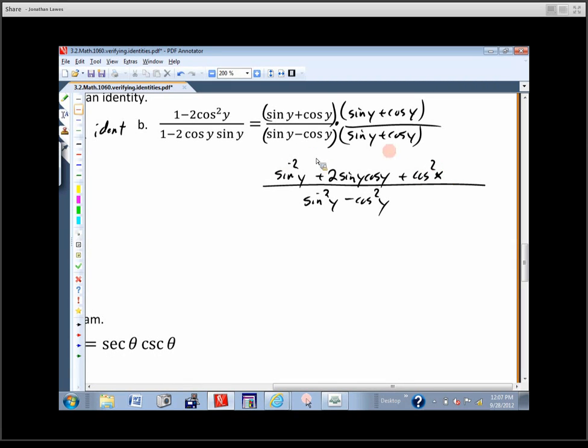Does anybody see anything that can be done on the top? Sine squared y plus cosine squared y equals 1. If I were to put the two of these together, that's a 1. So if I did a Pythagorean identity, this would be 1 plus 2 sine y cosine y. And since I've got a trig function squared, I could use a Pythagorean identity on the bottom.